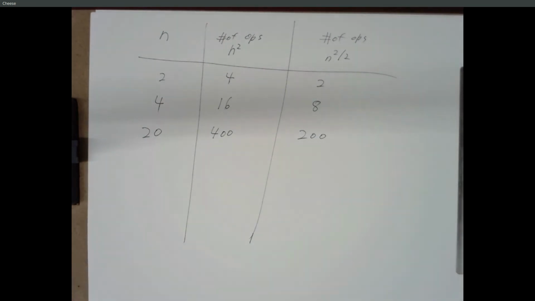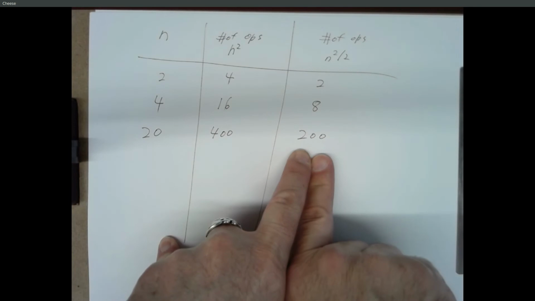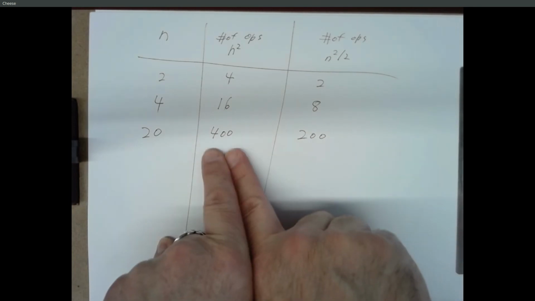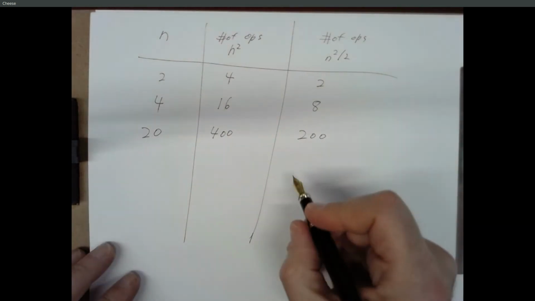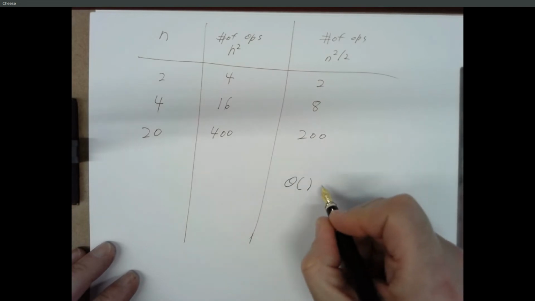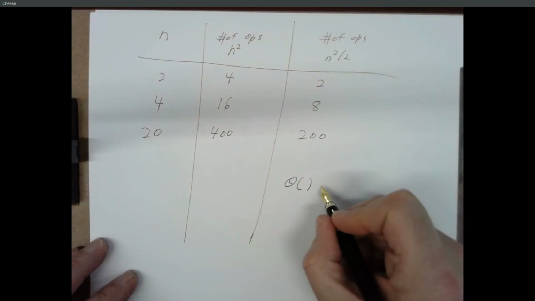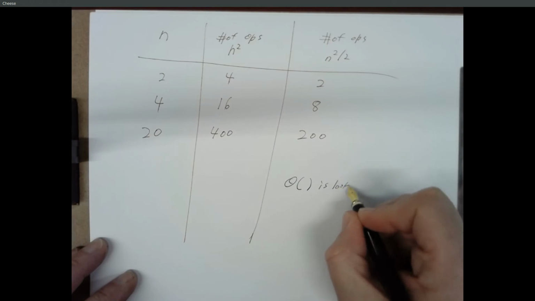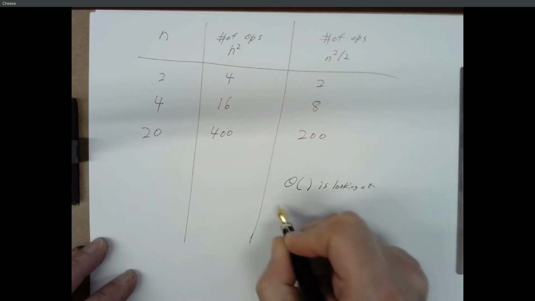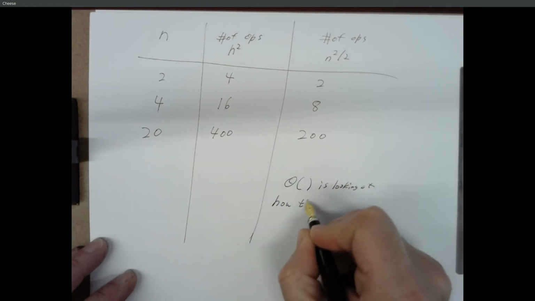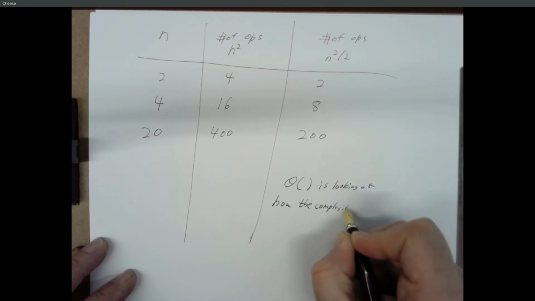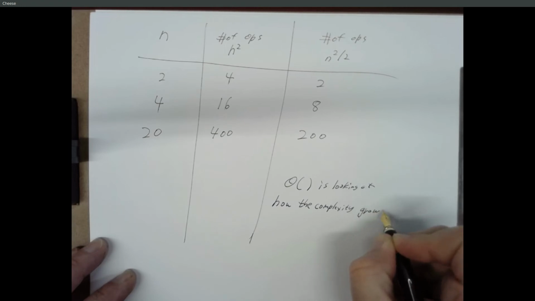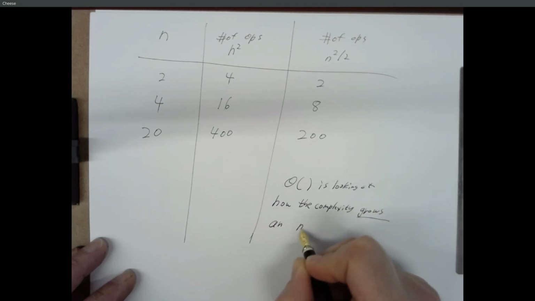So certainly the number of operations is better here, where it's n squared over 2, than it is here. But in terms of how the complexity of the problem grows, so when we talk about this order, it is looking at how the complexity grows as n increases.